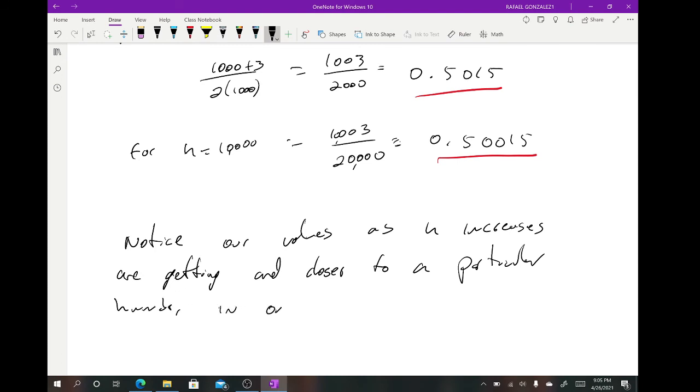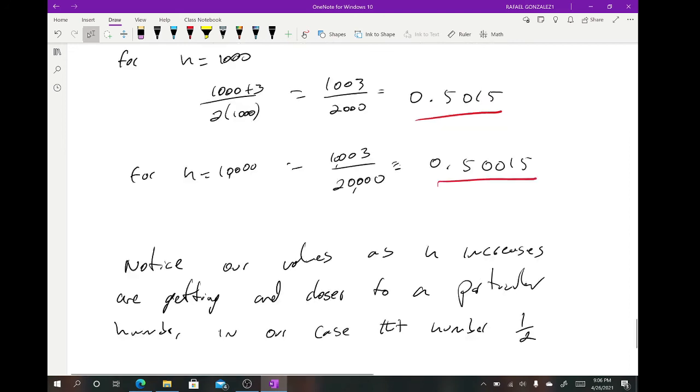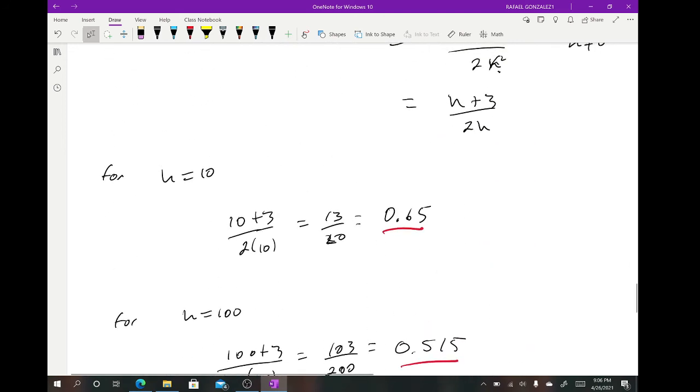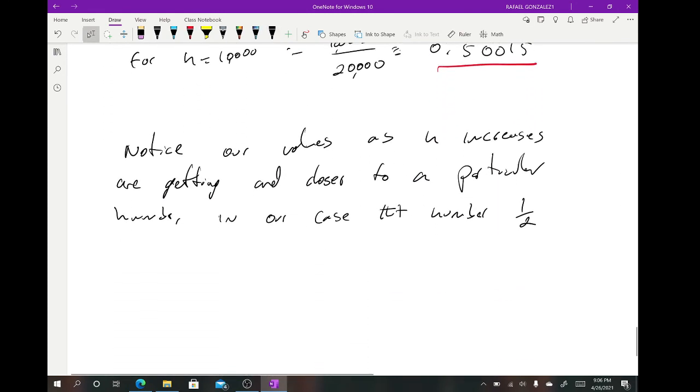In our case, that number seems to be 1/2, because you're getting 0.5. Now, this is true because we can actually find the limit as this approaches infinity. So if our expression up here goes up to infinity, let's actually do that. Let's see what that limit is.